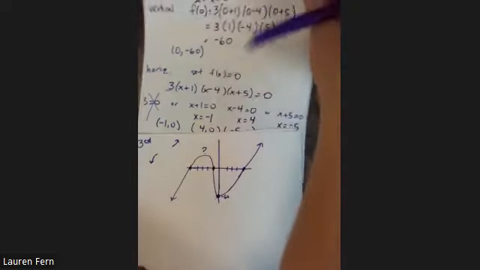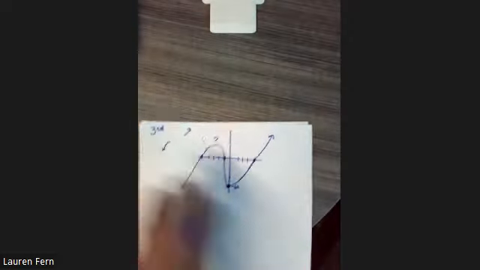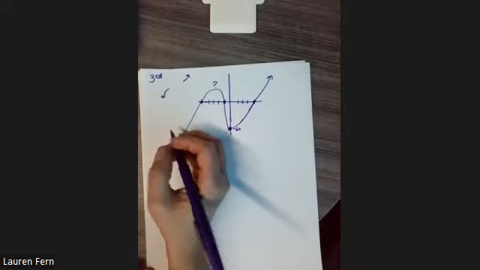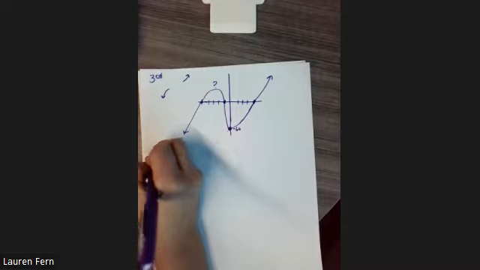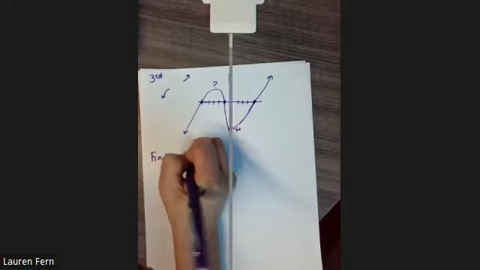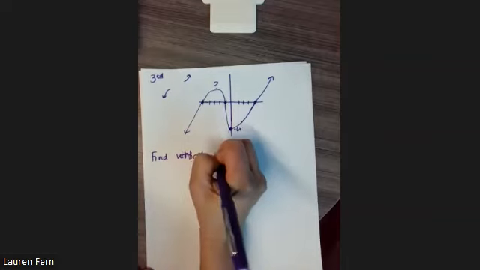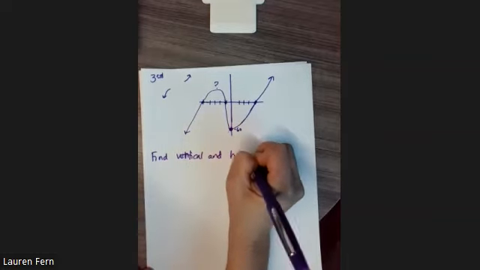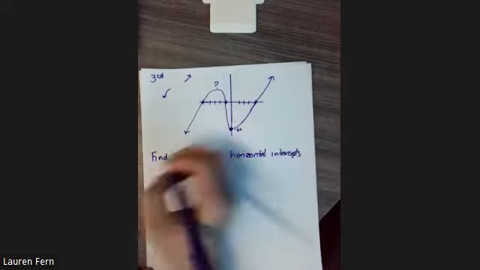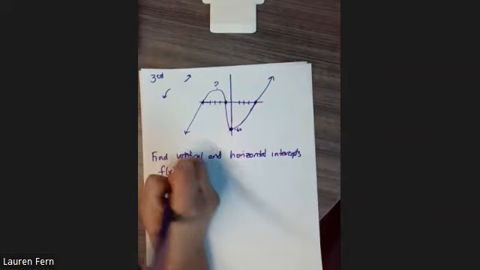All right, let's just practice finding the intercepts with another example. Suppose now I want us to find the vertical and horizontal intercepts of this.